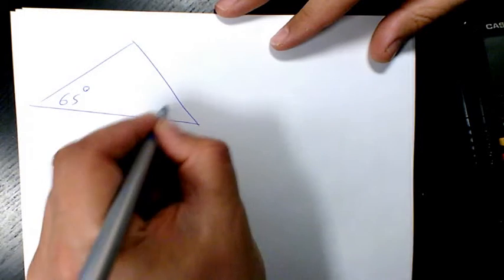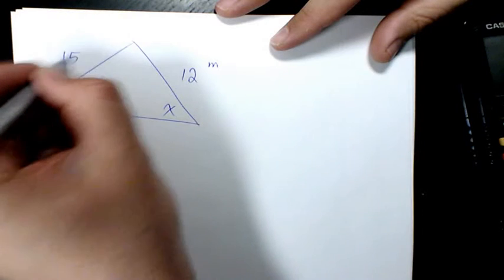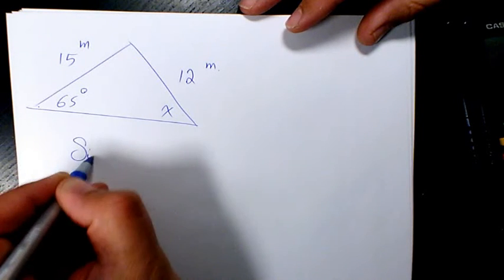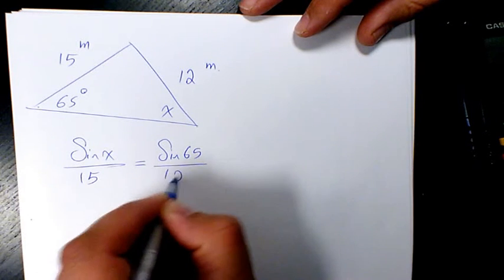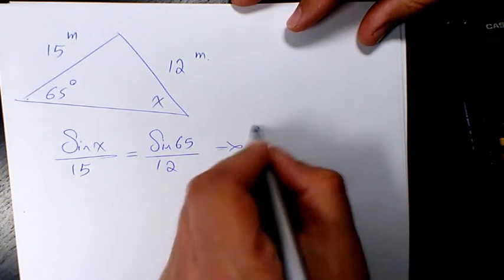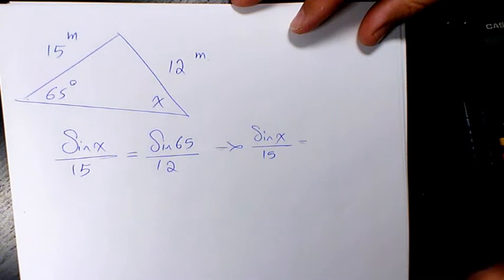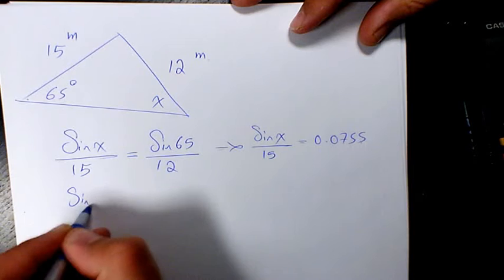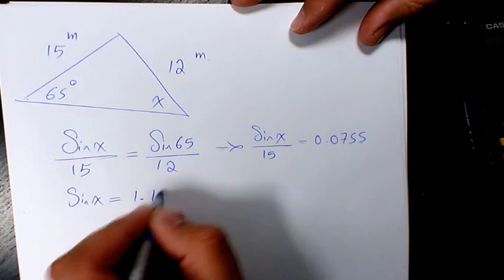We have 65 degrees, x, 12 meters and 15 meters. We are interested in finding x. So sine x over 15 equals sine 65 over 12. Sine 65 divided by 12 is 0.0755. So sine x equals 0.0755 times 15, which is 1.1325.